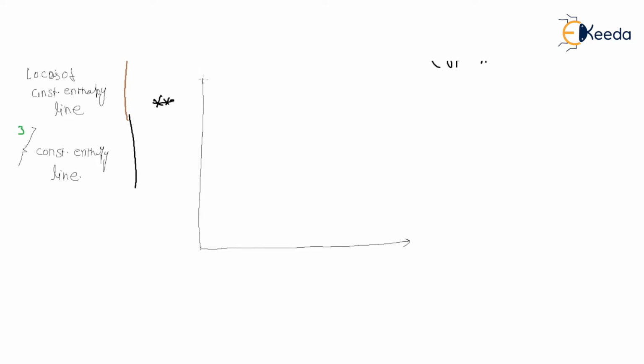This is your temperature and pressure, and this is our inversion curve, no problem, right? And let's suppose this is our isenthalpic line, so this H is constant, right?